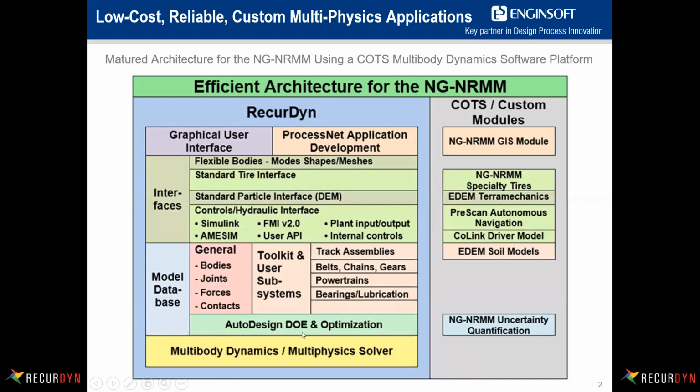And then a little bit further down here, this whole area of design optimization: design of experiments and nonlinear system level optimization. In particular for NRMM, there's a high interest in enhancing capabilities for what's referred to as uncertainty quantification, or UQ.